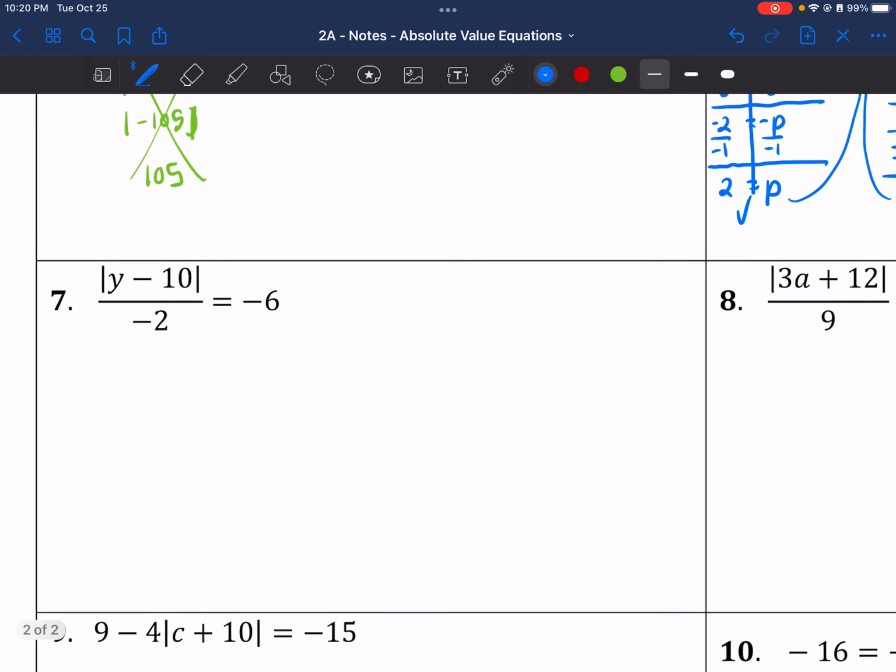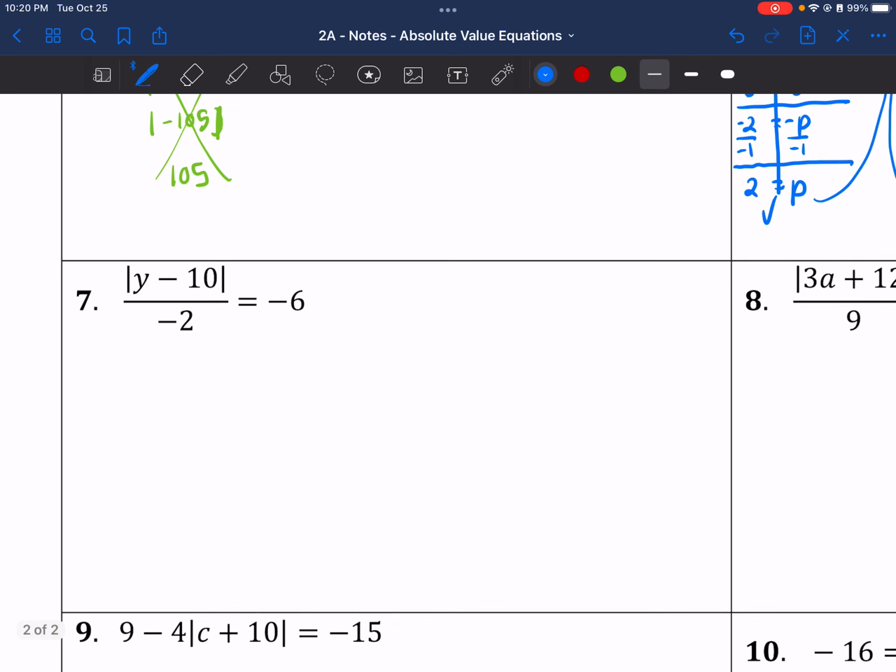Moving on to number 7. We want to isolate our absolute value term. So we have to get rid of this -2. Well, what is the operation between this absolute value term and this -2? It is division. And how do I get rid of division? What's the inverse operation of division?